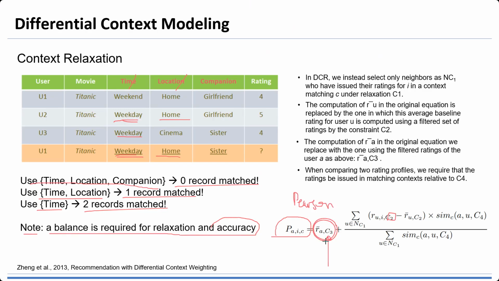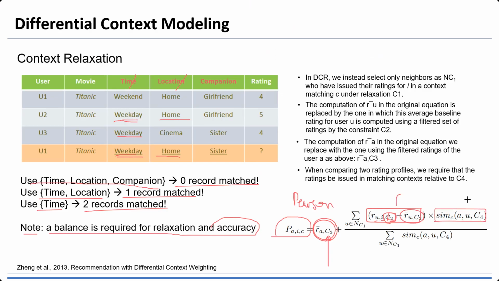In this particular context, I want to check every rating of the particular user on the particular item with the context constraint, minus the average rating of that user on that context, multiplied by the similarity.